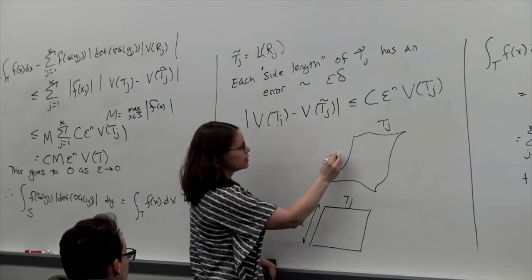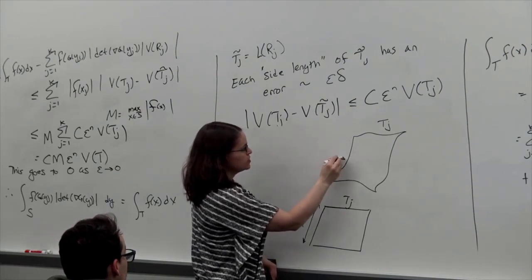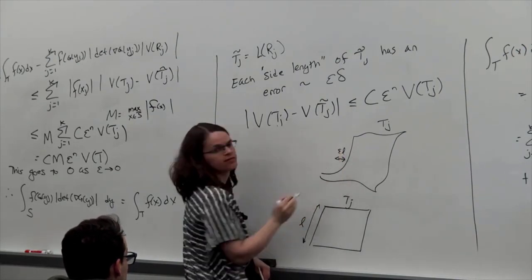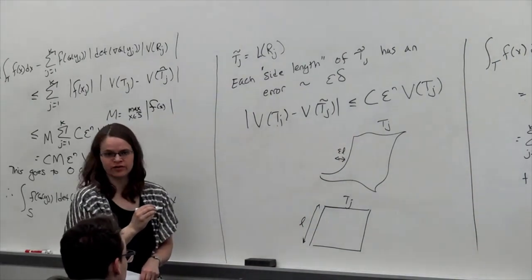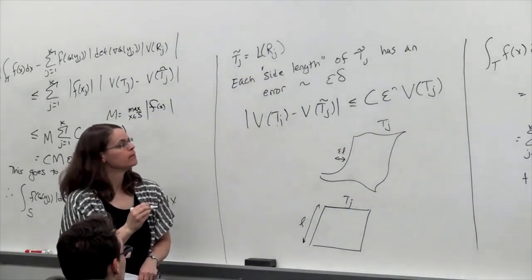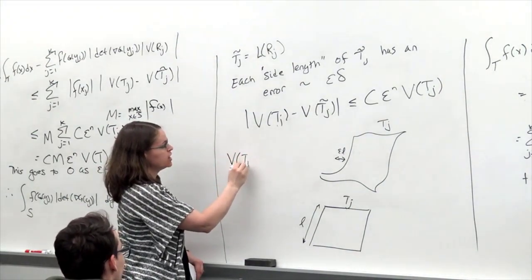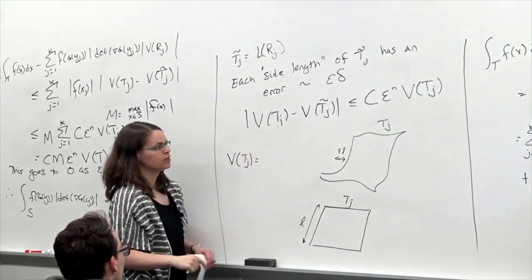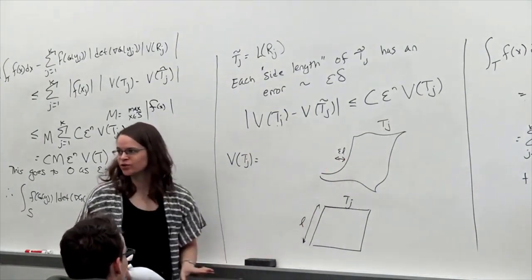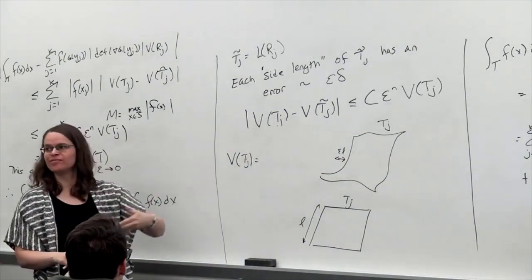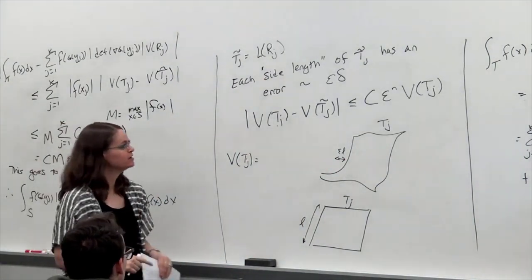the deviations that we're going to get here are going to be on the order of epsilon times L. And that's true for every side. So at the end of the day, V of Tj is going to look like, we multiply all these together, we get our total volume, but with this little epsilon error in it that gets multiplied out.